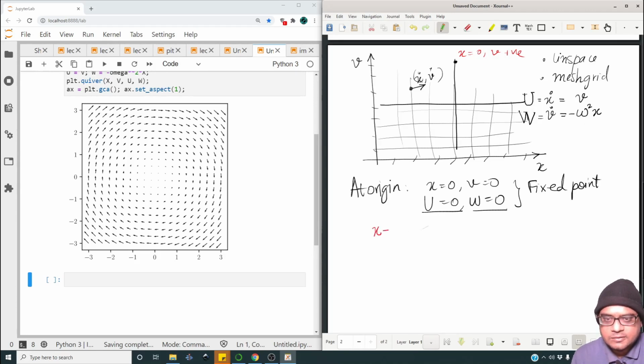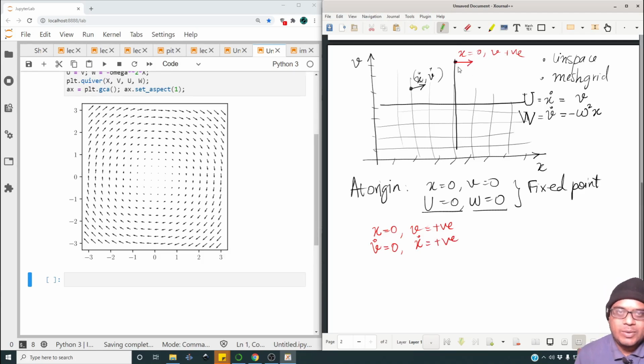So v dot is equal to 0 and u dot, or rather x dot, is some positive number. So the velocity is like this over here. By the same logic, when we have v negative, the velocity will be something like this.